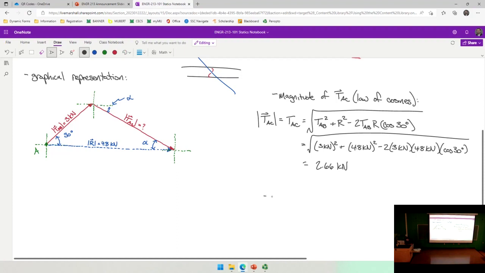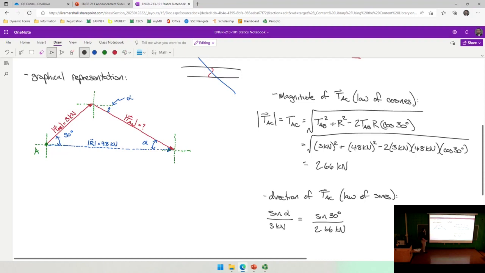So we'll say the direction of... so the sine of alpha over 3 kilonewtons is going to be the sine of 30 degrees over 2.66 kilonewtons, right?